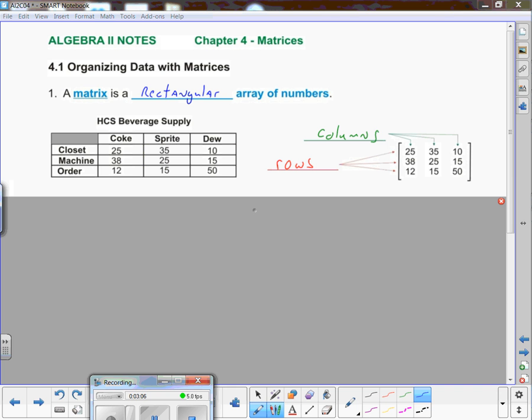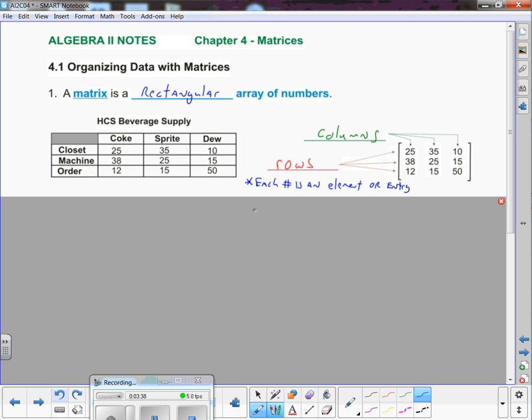All right, so each number of the matrix, and you can see, you got a 25 here, you got a 25 there, you got a 15 there, et cetera, et cetera. There are 9 different numbers here in this matrix. Each number, and I'm just going to put this right over here, a little asterisk, is an element or entry.